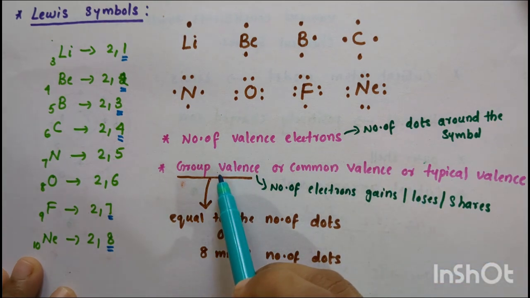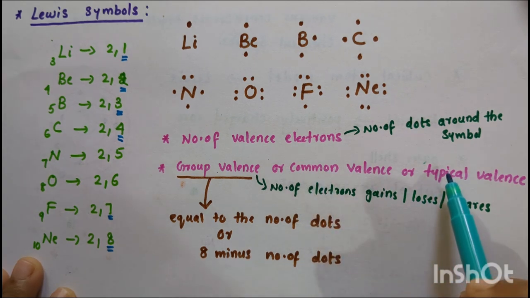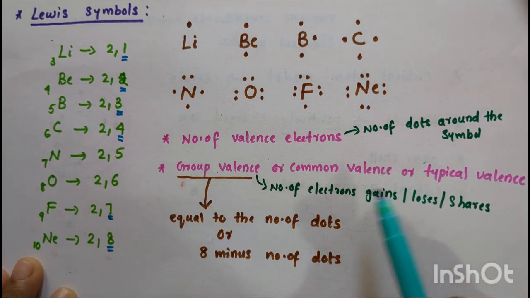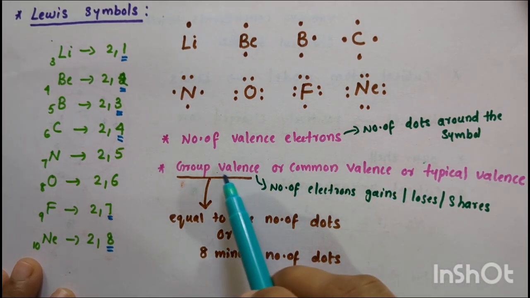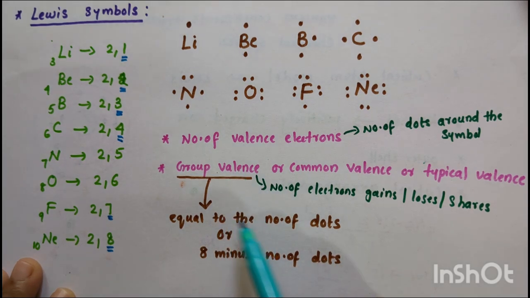Group valence, which is also known as the common valence or typical valence of an element, represents the number of electrons an atom typically gains, loses or shares to form chemical bonds. The group valence of the elements is generally either equal to the number of dots in the Lewis symbol or 8 minus the number of dots or valence electrons. The number of dots is actually equal to the valence electrons.